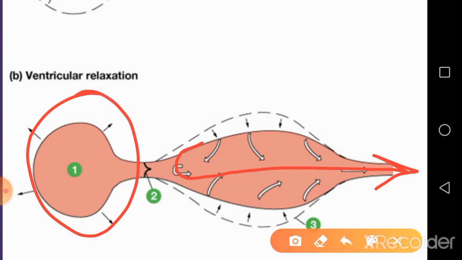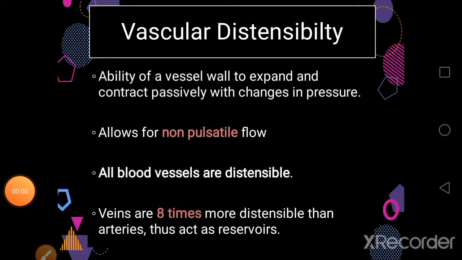So this is how the distension of the aorta and its recoil ensures continuous flow of blood through the vessels within the body. At the same time, the veins, which are 8 times more distensible than the arteries but do not show much recoil, have the ability to stretch and hold large amounts of blood.